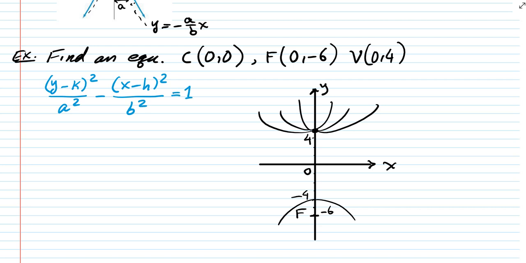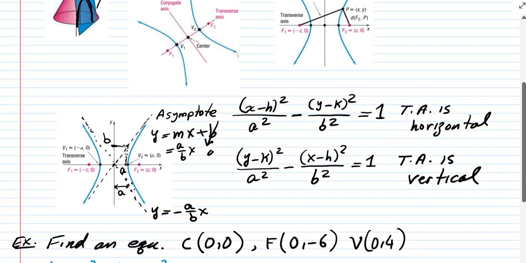All right, and let's plug in what we know so far. The center is at 0, 0, so this is going to become y squared over a squared minus x squared over b squared is equal to 1, because h, k is 0, 0. Correct?